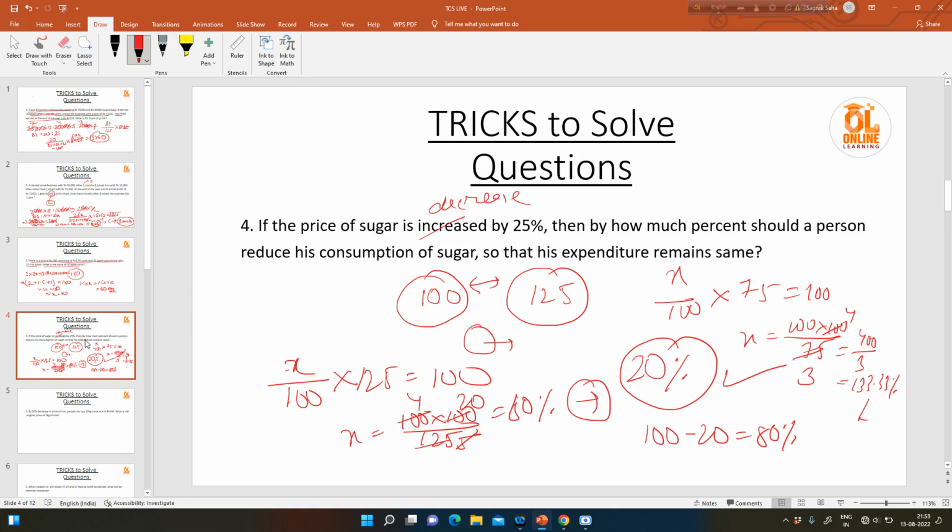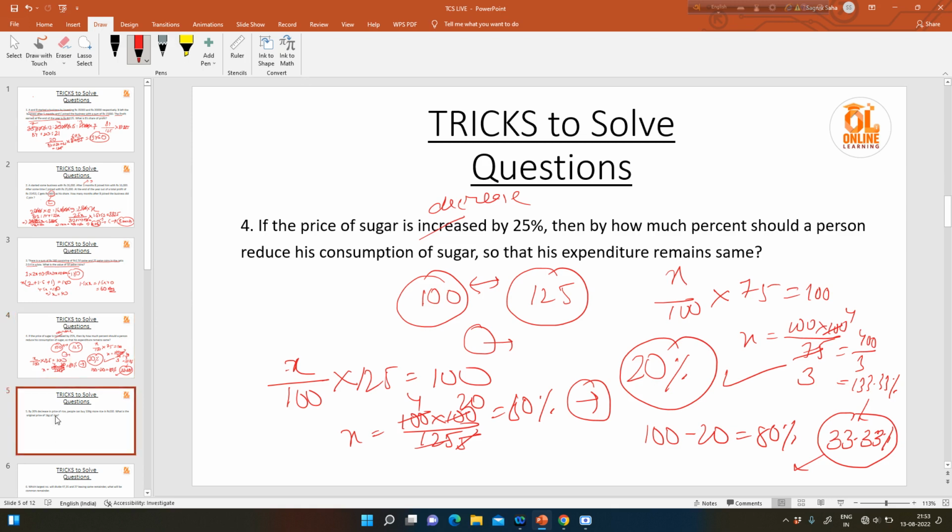So if the person increases his consumption by 33.33%, then his expenditure would have become the same. Like this way you have to solve. Easy. I hope the question is clear to you, and the solution also.